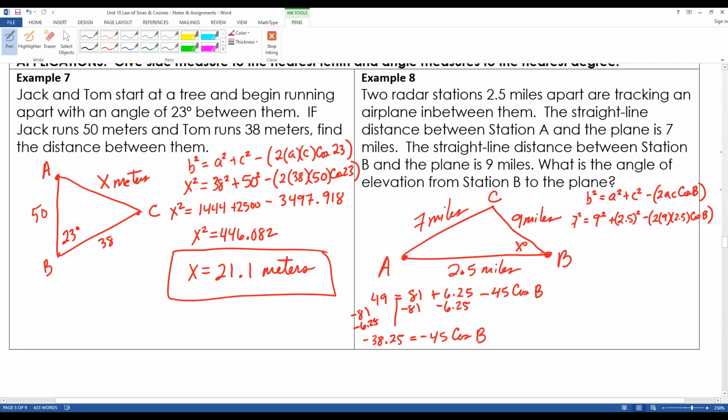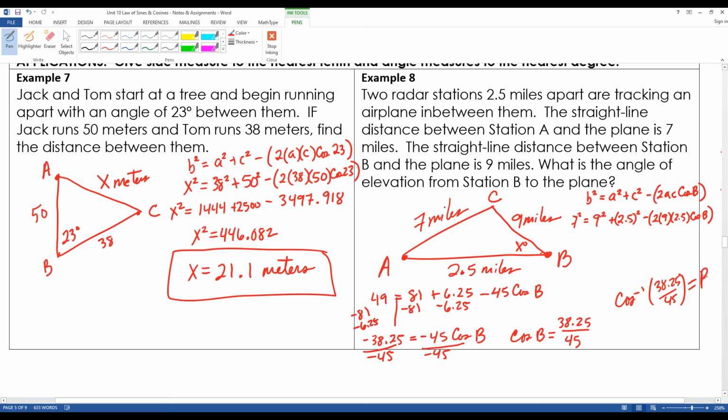So I divide by the negative 45. So there's my fraction. The cosine of B equals, since negative divided by negative is positive, 38.25 over 45. And so now to find the angle, we'll do the inverse of that ratio.